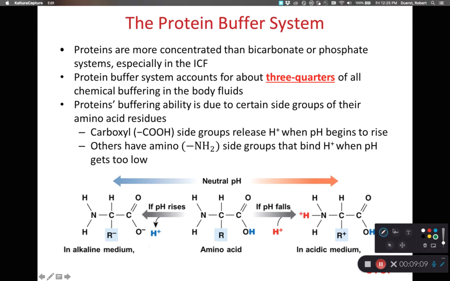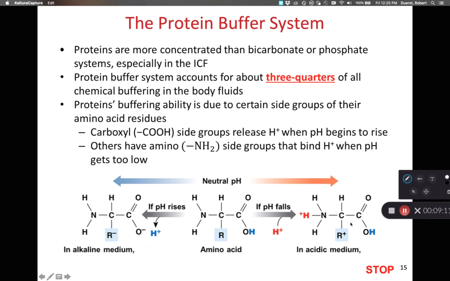We also have a protein buffering system, and this protein buffering system is significant everywhere. We have lots of protein inside of the cell and outside of the cell. As we look at the proteins in our bodies, they tend to be more concentrated than anything else. Our body, by dry weight, is over one half proteins.